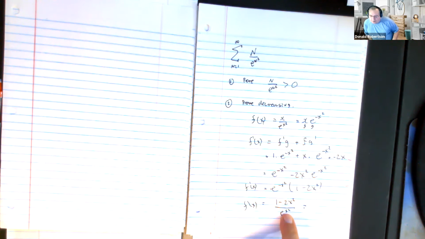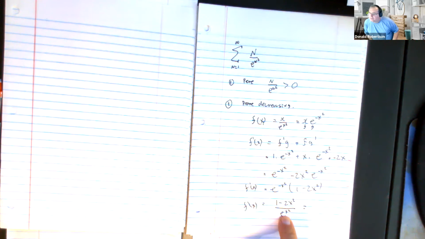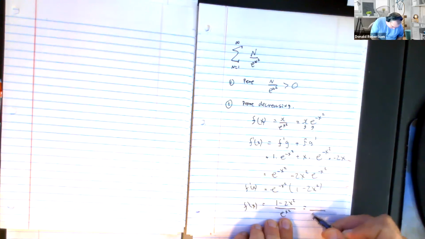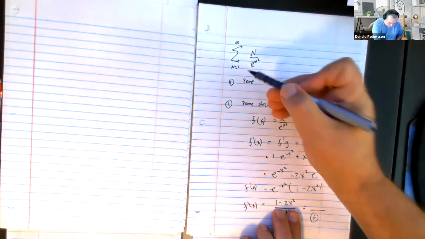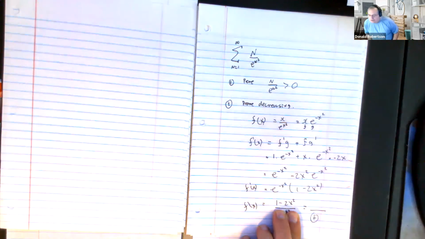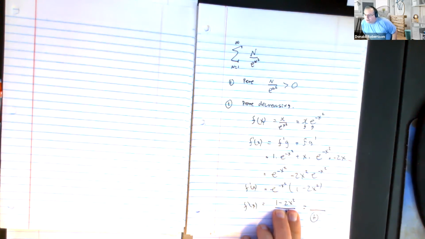Isn't e to the power of anything squared a positive number? e squared, e^4, e^24, positive. Would you agree that if x is 1, 2, 3, because basically it's a sequence, 1 take away 2x squared is always going to be a negative number?